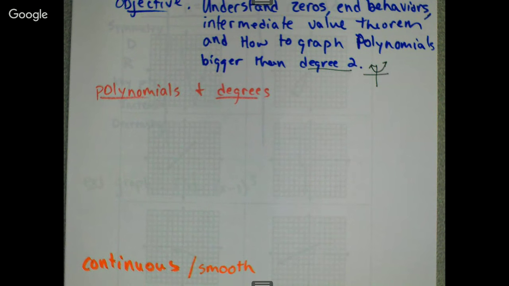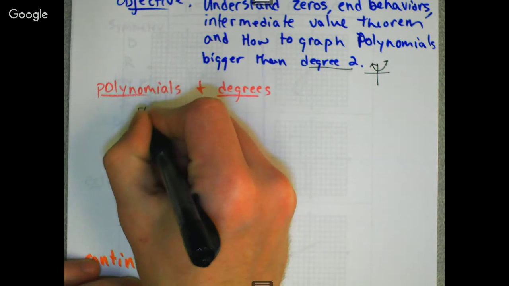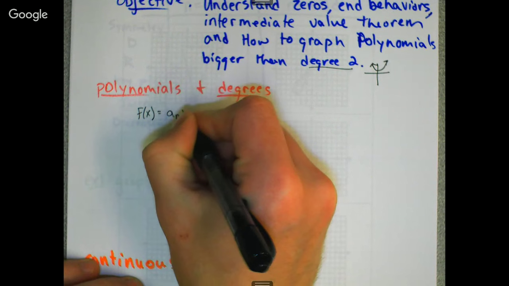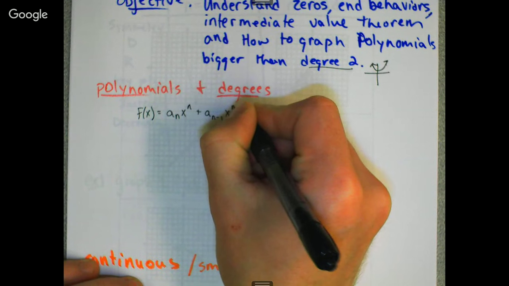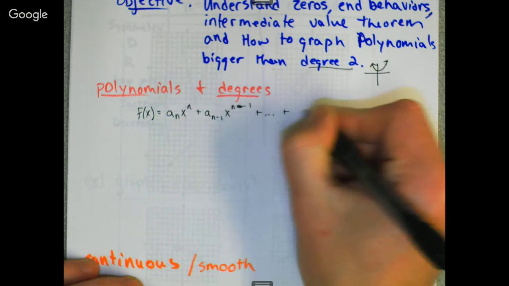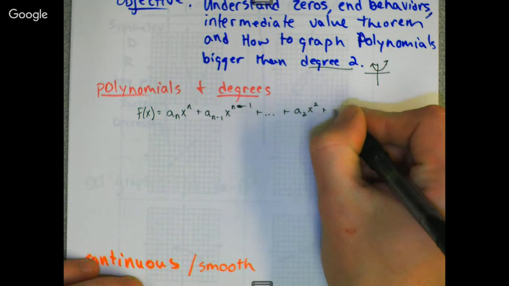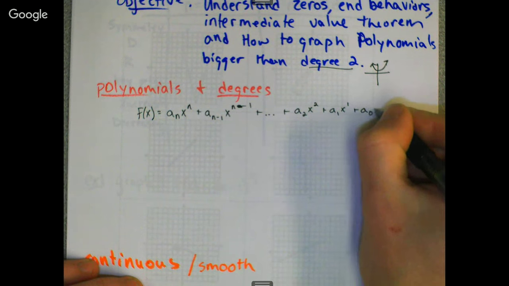So I first want to go over a definition of a polynomial. A polynomial is any form a_n x^n plus a_(n-1) x^(n-1) plus, all the way down to, a_2 x^2 plus a_1 x^1 plus a_0 x^0.